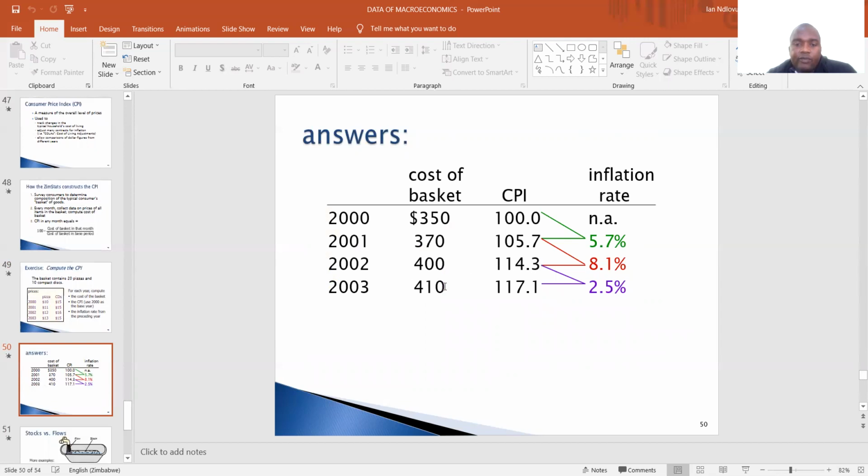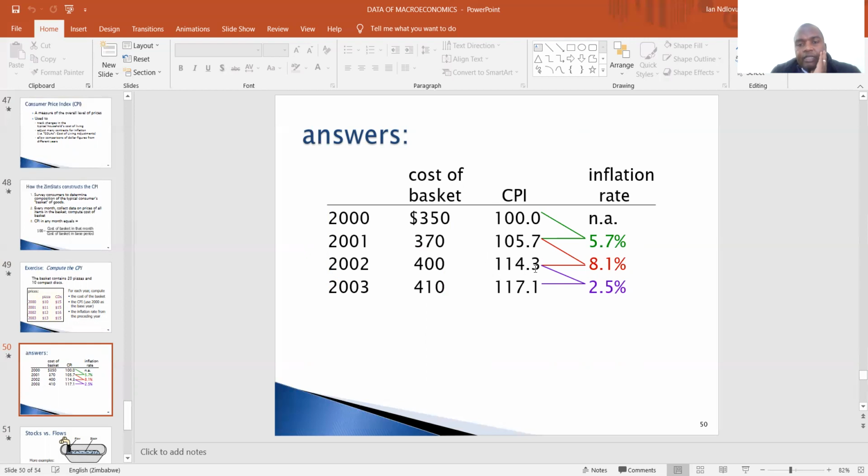And then we get 410 for 2003 divided by 350, which gives us 117.1. And then the inflation rate will be the difference between the current year CPI and the previous year CPI.